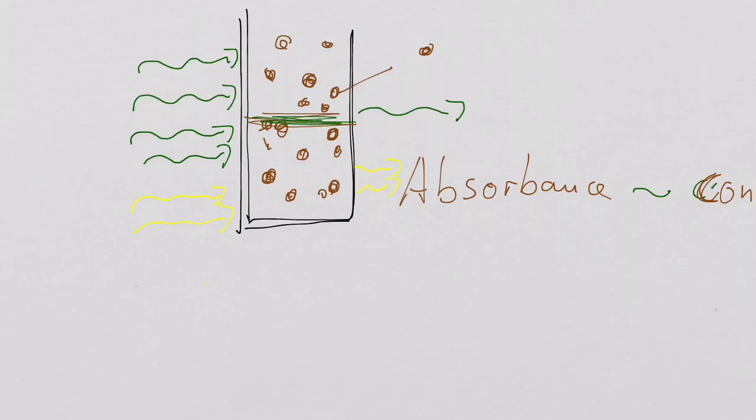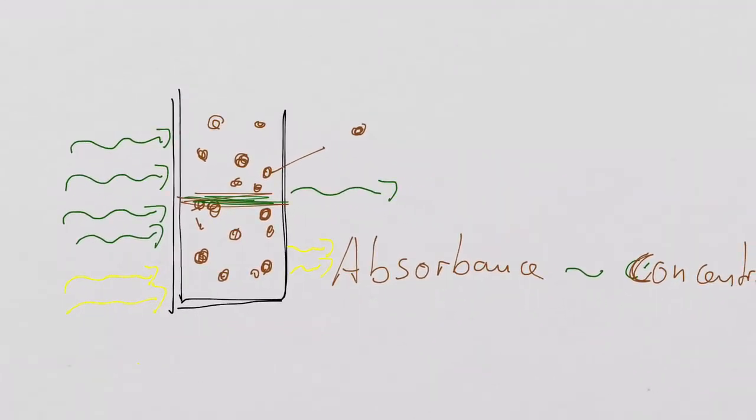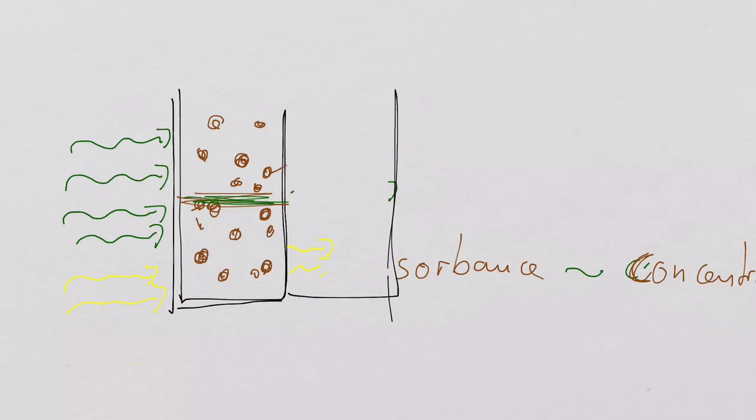Now, what would actually happen if I put in another container with even more of the red dots, and I shine green light on it?